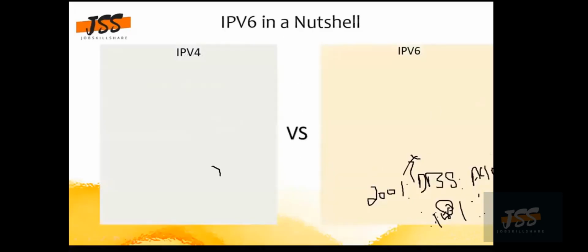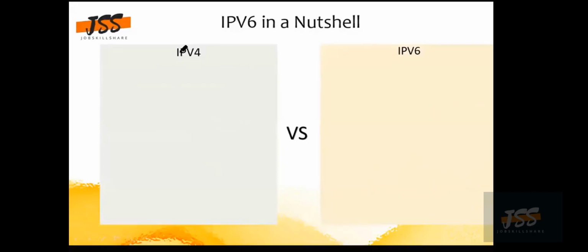This is just a one-to-one comparison between IPv4 and IPv6, for your question and answer and interview questions as well. This is a very important slide, so let's go one by one. IPv4 is a numeric address, we already know.